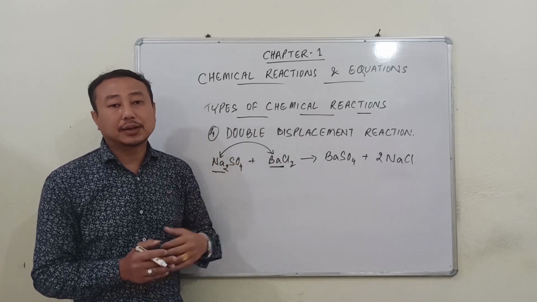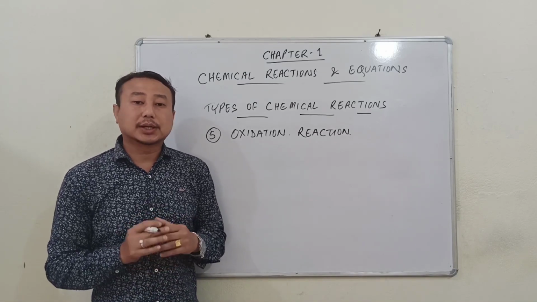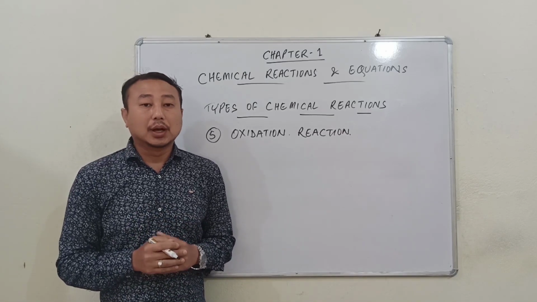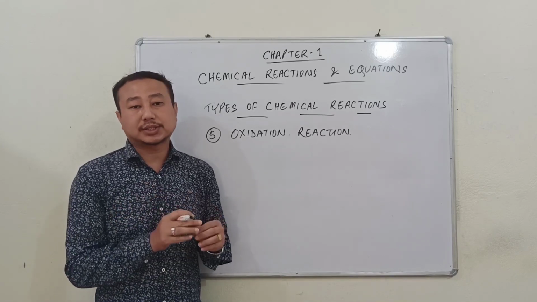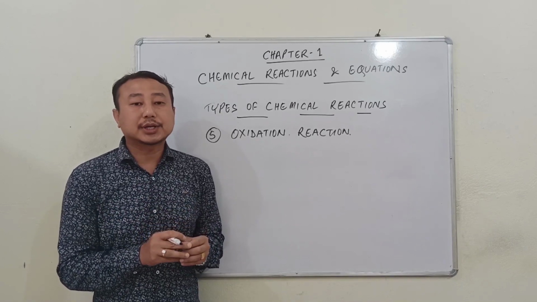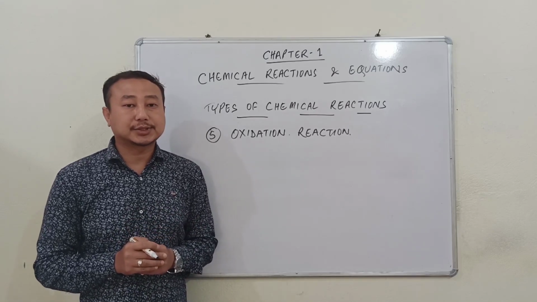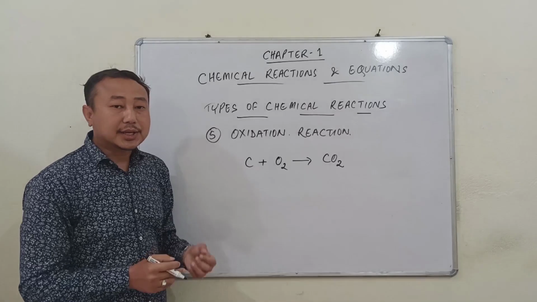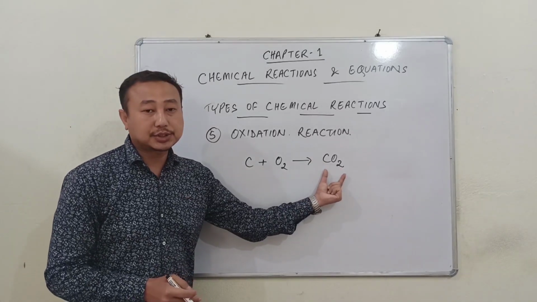Now, let us come to the next type of reaction. The next type of reaction is known as the oxidation reaction. Oxidation reaction is the type of reaction in which oxygen is added to a substance or hydrogen is removed from a compound. Let us see by taking an example. In this example, carbon is reacted with oxygen to form carbon dioxide.